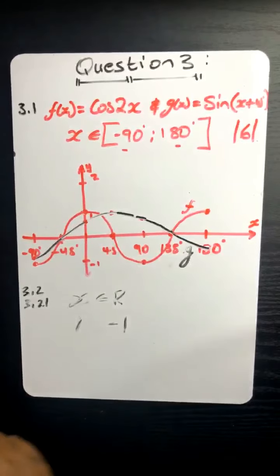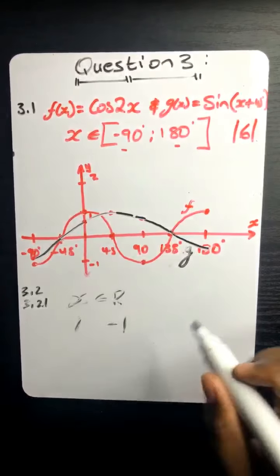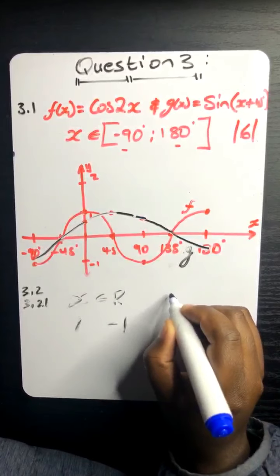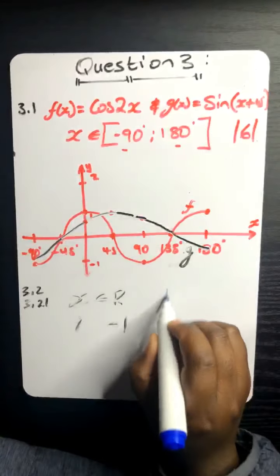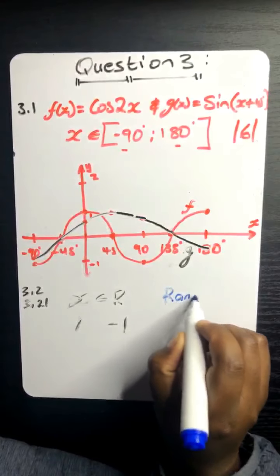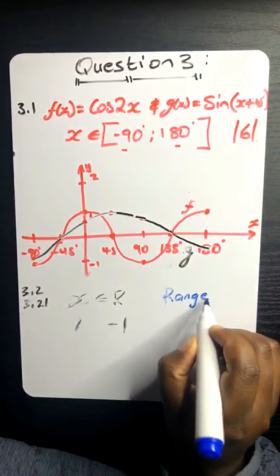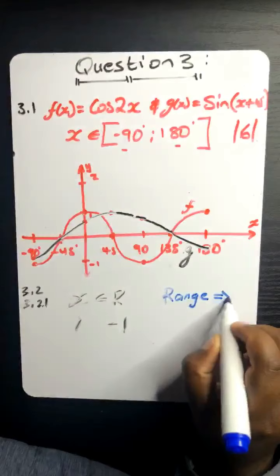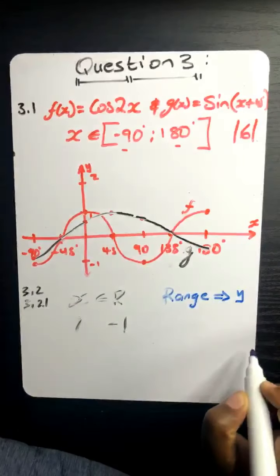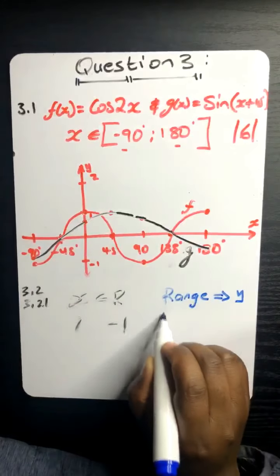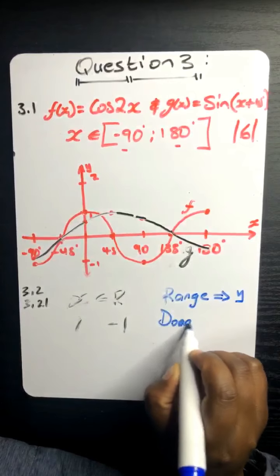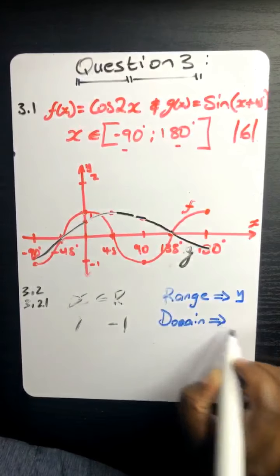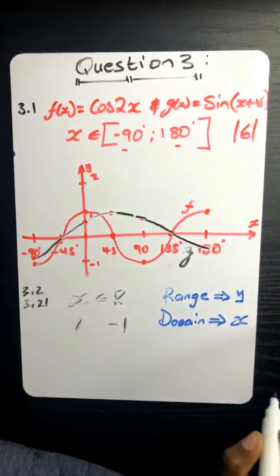Okay. So let's see. Remember, guys, I'll explain it again. When we talk about the range, we talk about the y values. And when we talk about the domain, that's when we talk about the x values.